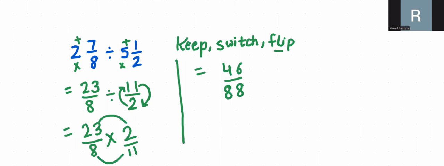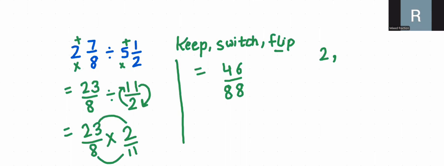So, think about it, 46 and 88 come in which table? These two numbers come in the table of 2. Is there any other table in which these two numbers come? Think over it.